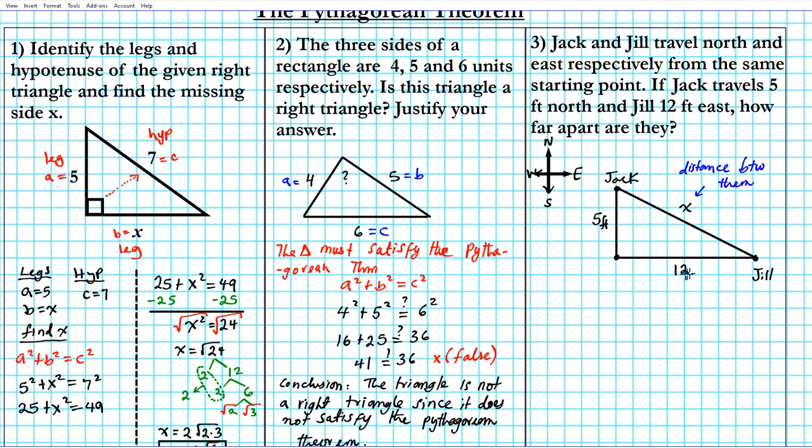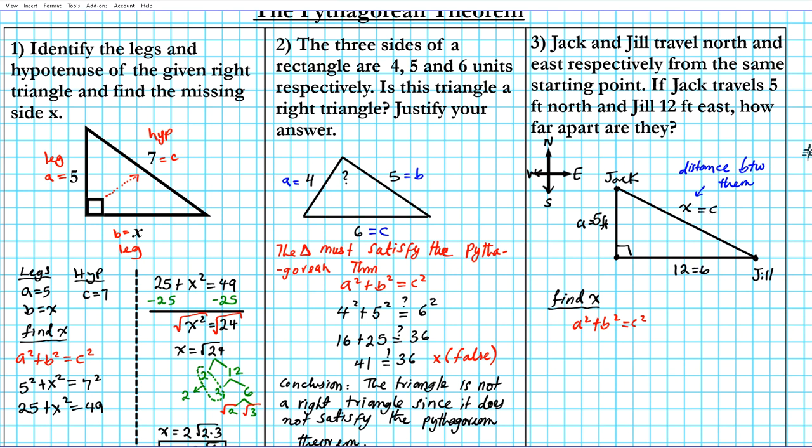All right, so let's do it. We need to write down the formula that will help us find x. We need a formula that relates the three sides of a right triangle, and that is the Pythagorean theorem, right? a squared plus b squared equals c squared. So let's label the sides. This is a, this is b, and this is c.